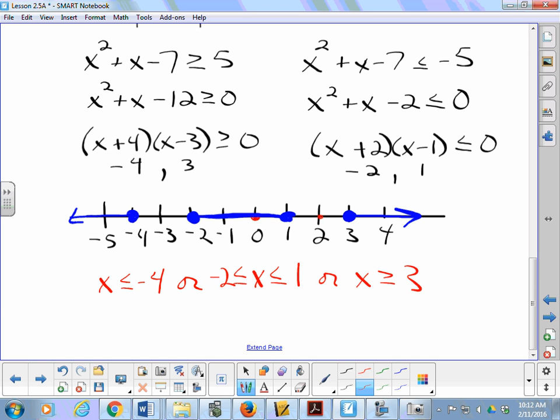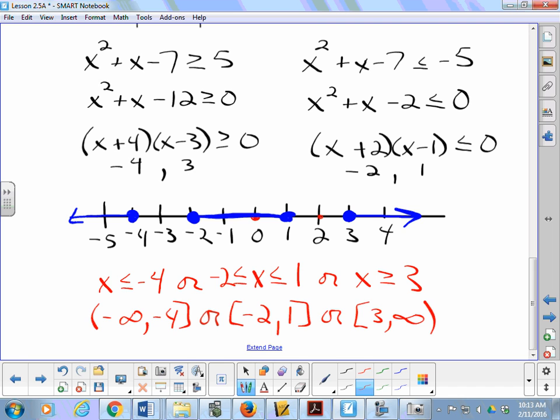There's the compound inequality. You have to take into account all 3 parts, separate them with the word or. And as interval notation, it looks like that.